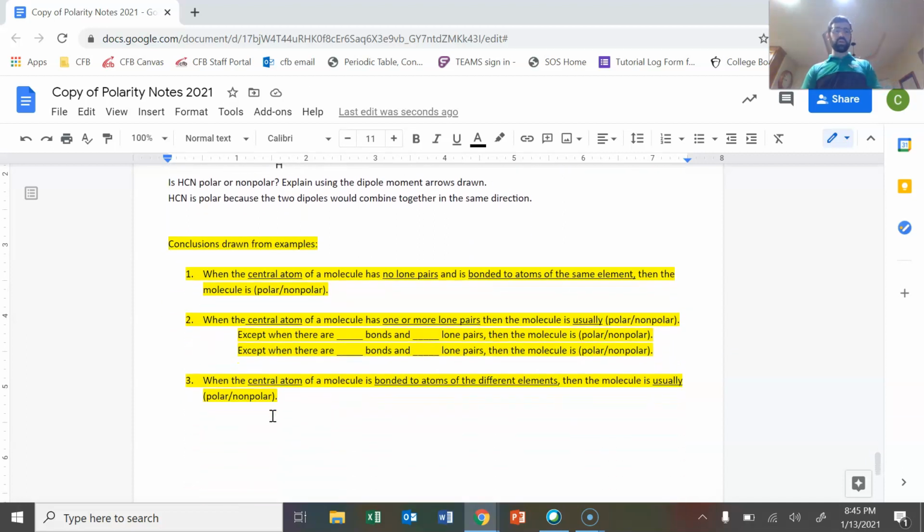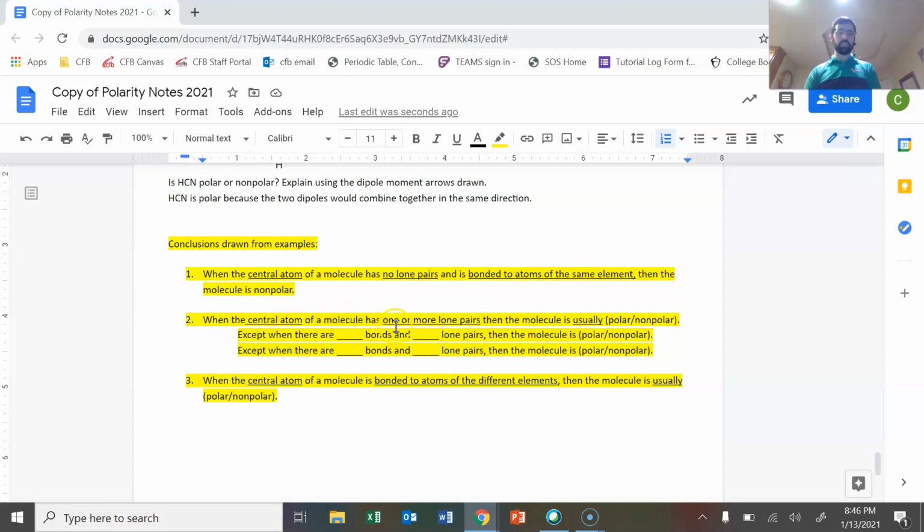All right, so the conclusion from the example. When the central atom of the molecule has no lone pairs and it's bonded to atoms of the same element, the molecule is nonpolar.